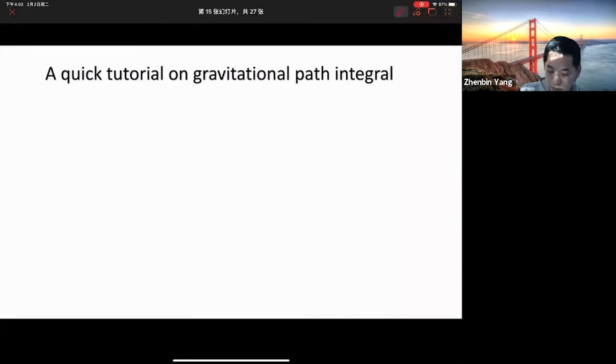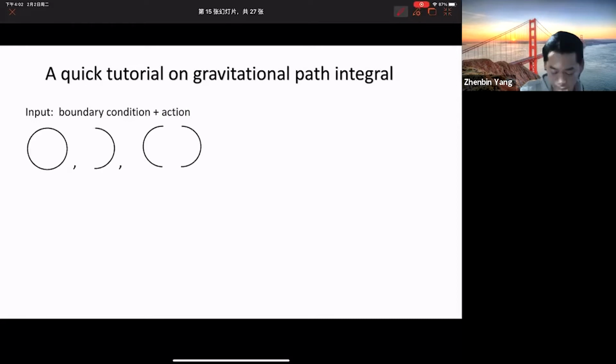The gravitational path integral rule I'm going to use is the following. We will fill in all of the smooth geometries that are compatible with the boundary condition. In general, when we do a gravitational path integral, we have input and output.